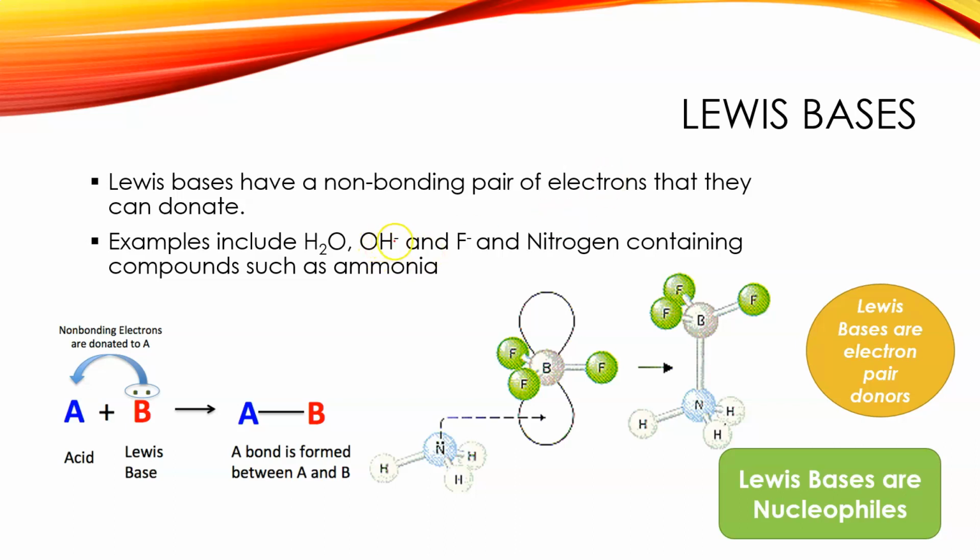So the non-bonding electrons are donated from the base to the acid, forming the new bond, as we see down here. In ammonia, we can see the formation of the ammonia BF3 complex, and again we see the lone pair from the ammonia bonding into the BF3 to form the new bond. This means because they are electron rich that Lewis bases are nucleophiles.